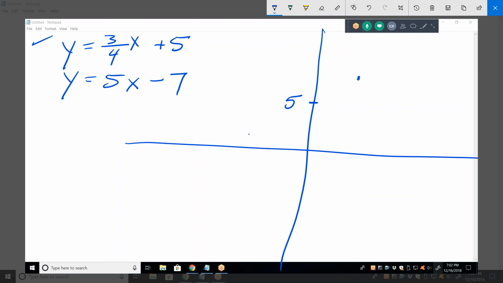And I'm going to connect those with a straight line. I'm going to graph the second one. I'm going to start at minus 7. Notice I'm just approximating here, which means we're not going to get a highly accurate answer. But on this one, I'm going to go up 5 and over to the right by 1. So something like that. Connect those 2 points.